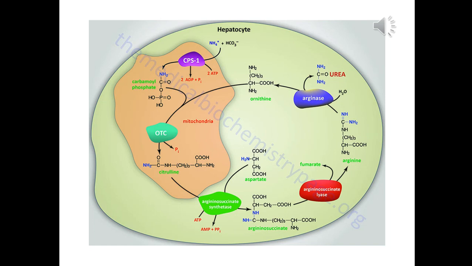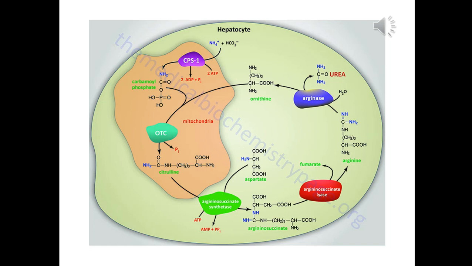The second step in mitochondria is the reaction of carbamyl phosphate with ornithine by ornithine transcarbamylase, leading to formation of citrulline.